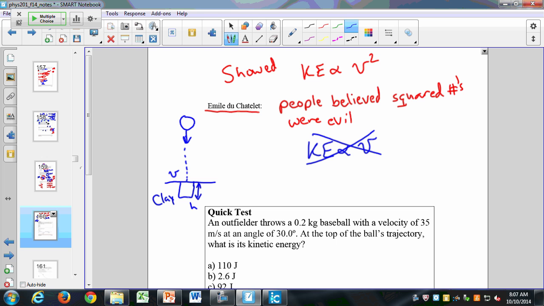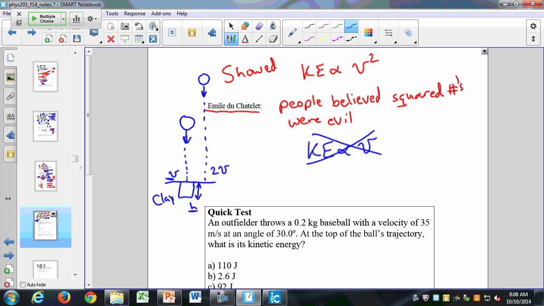And then she would drop another ball, like a steel ball, from a certain height, such that it had a velocity 2v. It's a little more complicated than this, but let's just say that if it had twice the velocity, what do you think the depth would be? If I had a depth h on this side with a velocity v, what would my depth be on this side? Not twice, but what?